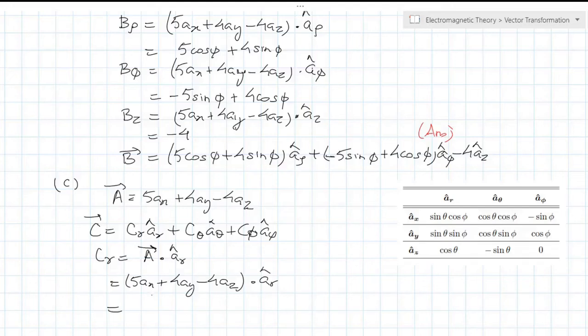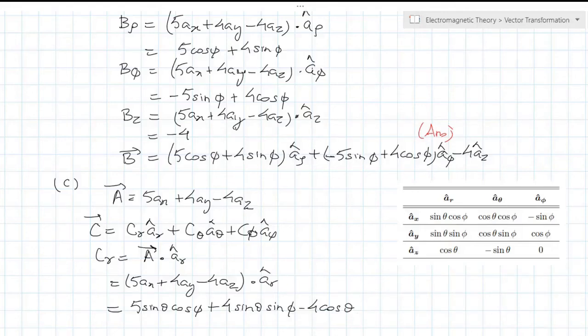So ax dot AR will be sin theta cos phi. So our answer will be 5 sin theta cos phi, then plus ay dot AR, which is sin theta sin phi, so we get 4 sin theta sin phi, and az dot AR is cos theta, so we'll write minus 4 cos theta.